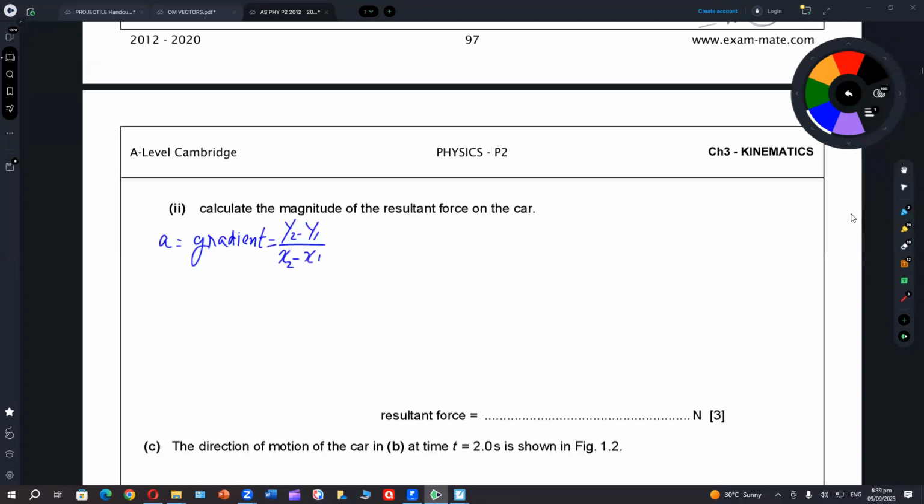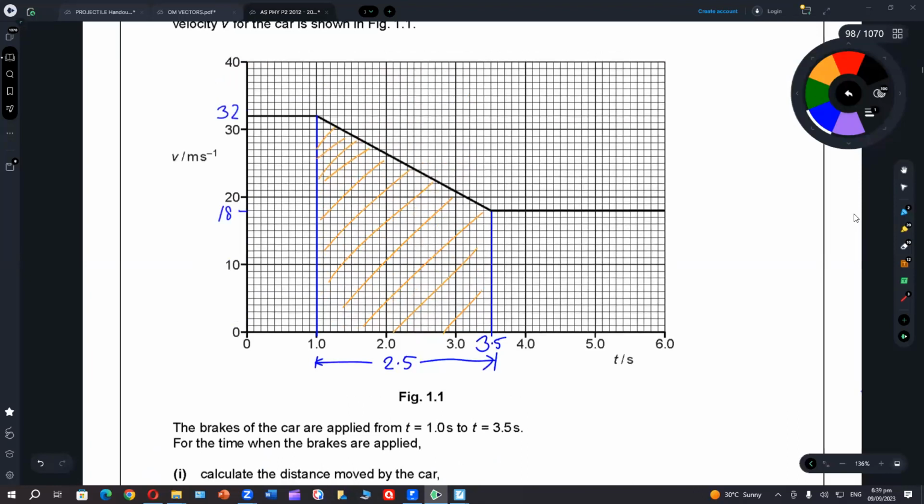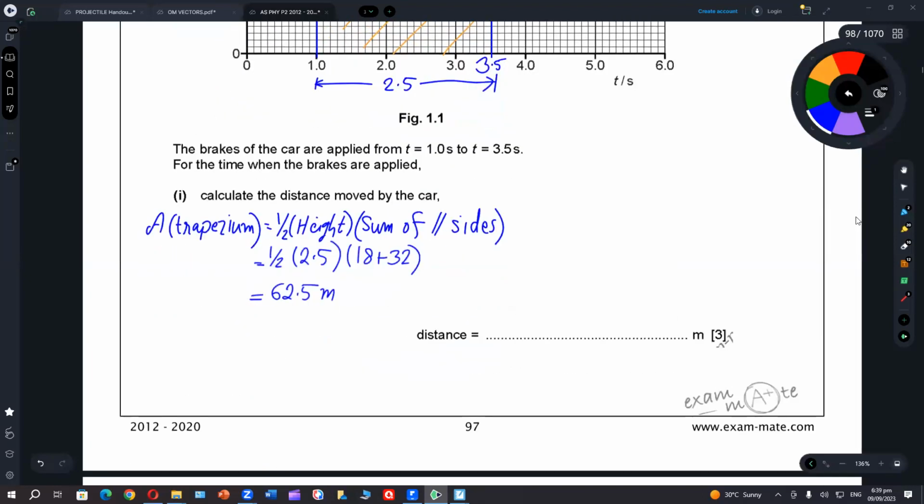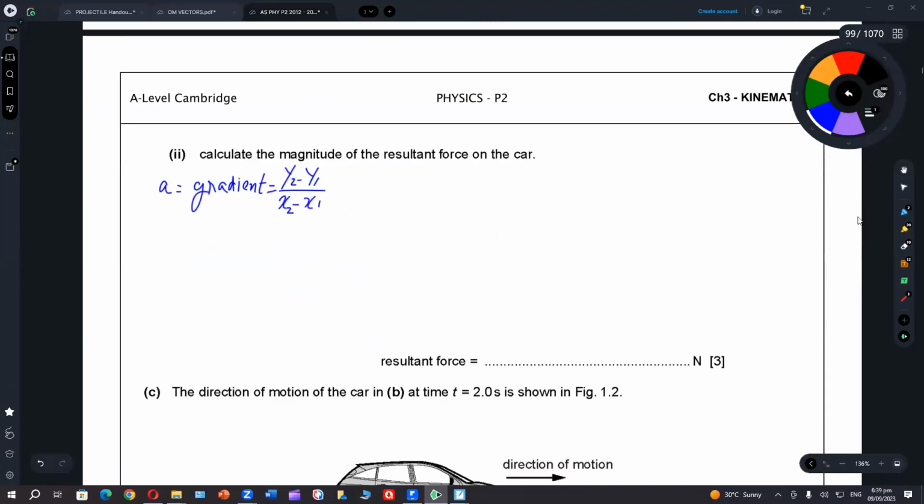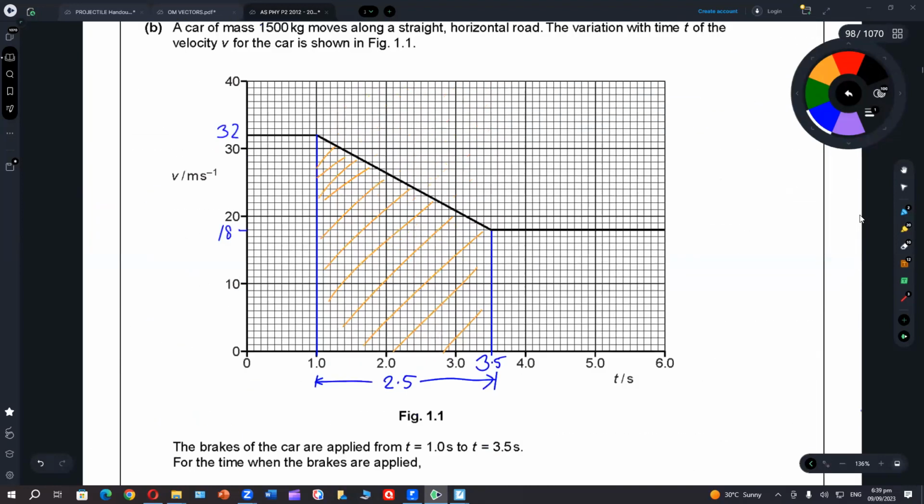This is the formula. Again, this is for the time when the brakes are applied. For the time when the brakes are applied, look at the gradient.